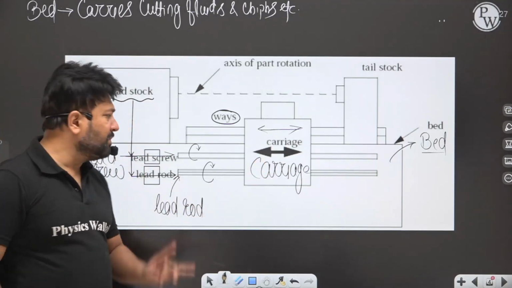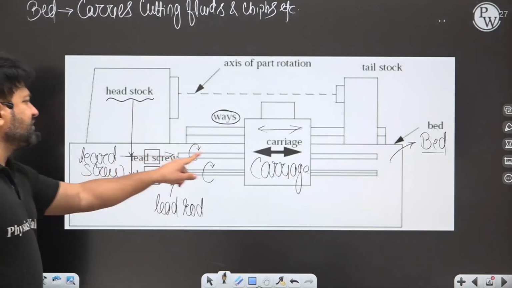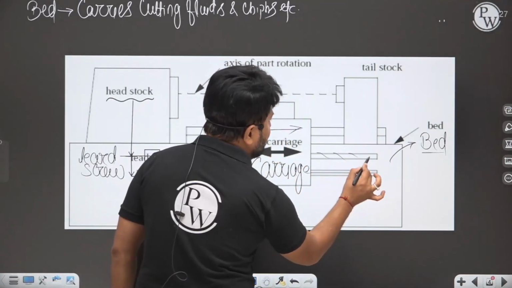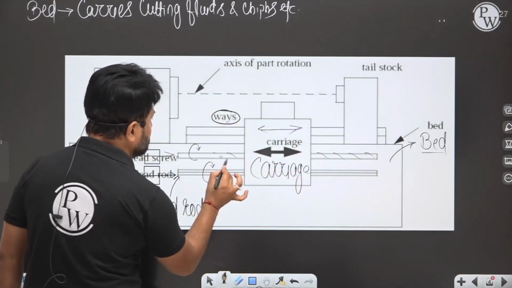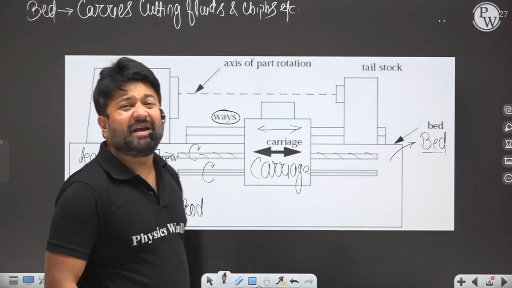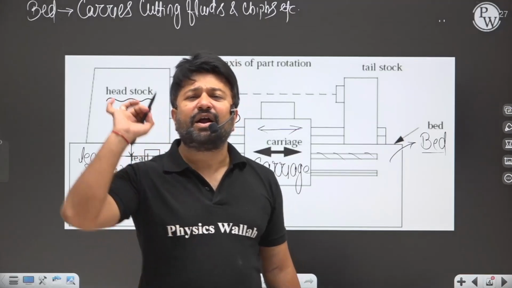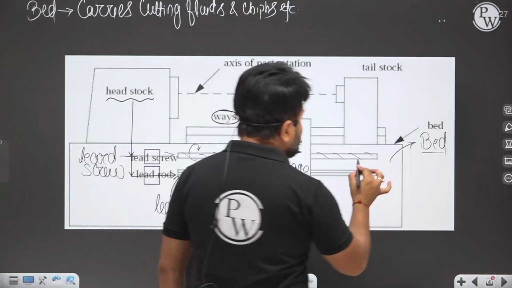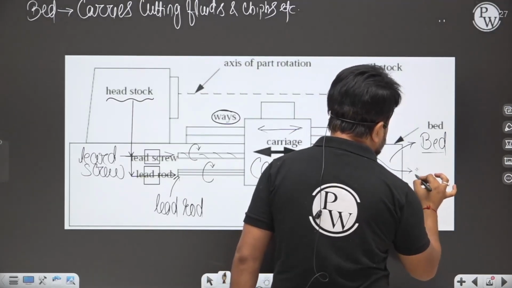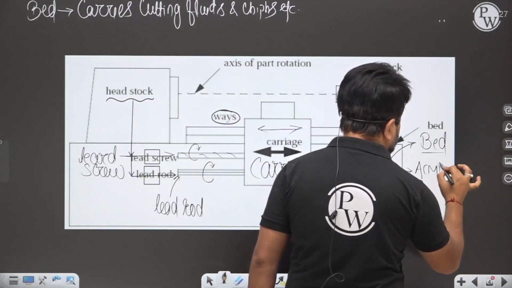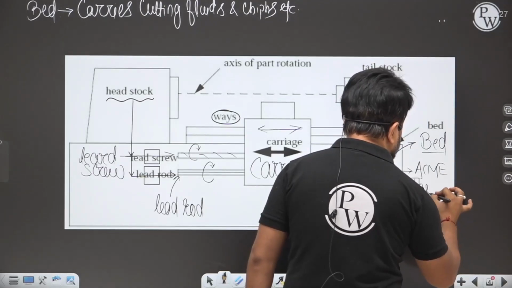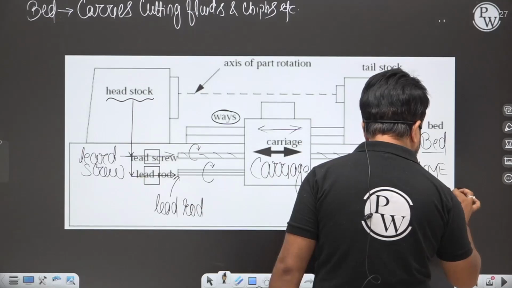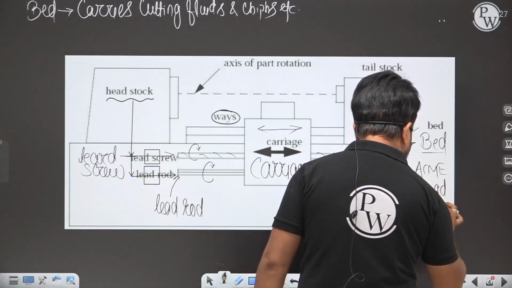Am I clear? If you are talking about the lead screw, on the lead screw there will be an Acme thread having an angle of 29 degrees.